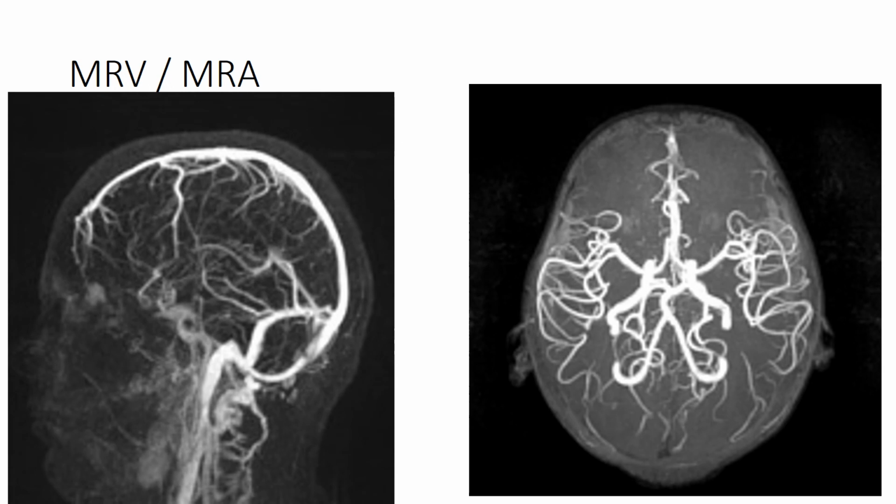Okay, now the last topic of today's lecture is the radiology of the blood vessels. As we have a CT scan of the brain and MRI of the brain, we do have a scan of the vessels.